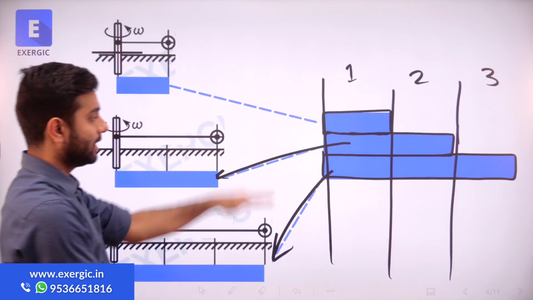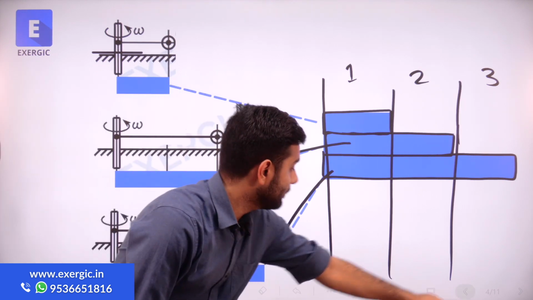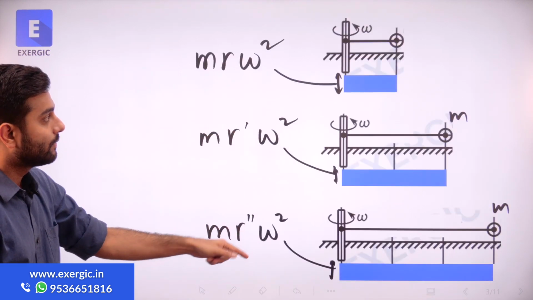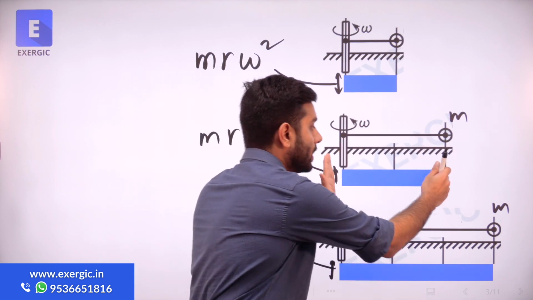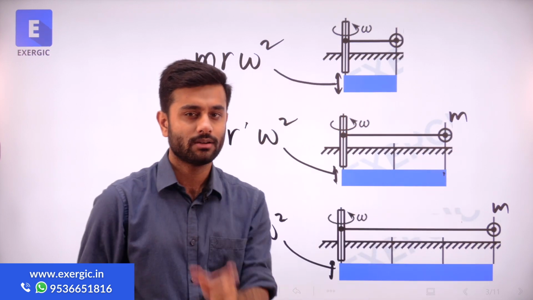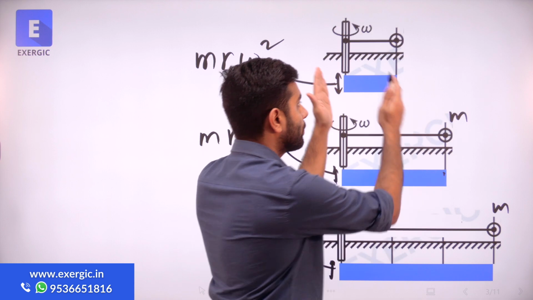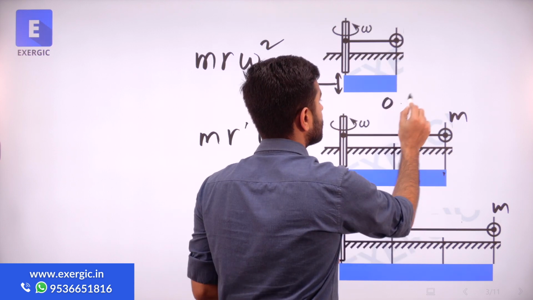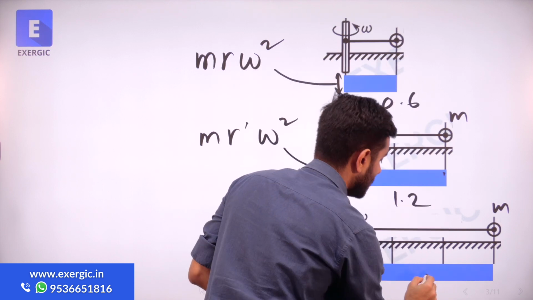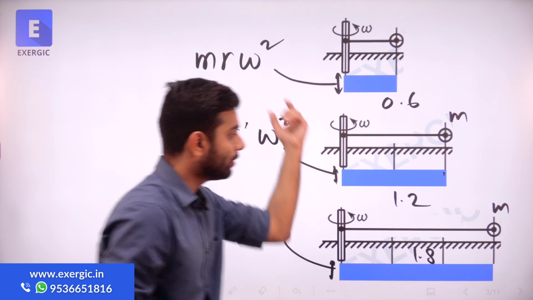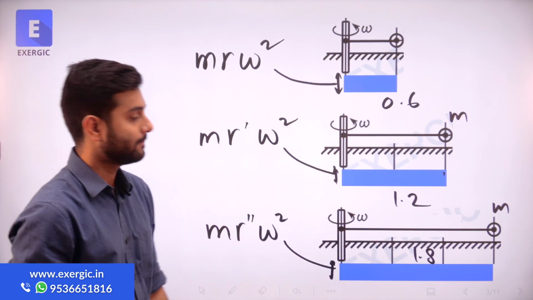As I told you, for individual masses the r value will be different: 0.6, 1.2, and then 1.8. These are the values of r for all 3 of them.